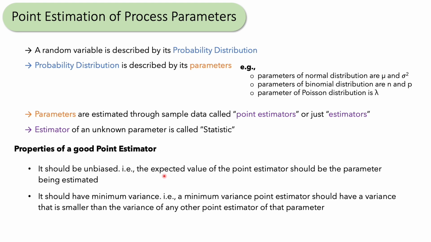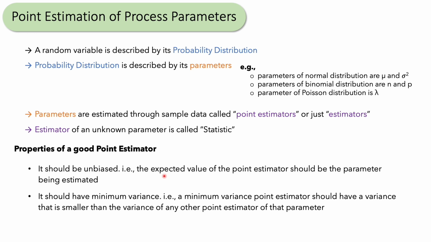I repeat, sample mean is an unbiased point estimator for the mean of the probability distribution, and the sample variance is an unbiased point estimator for the variance of a probability distribution.